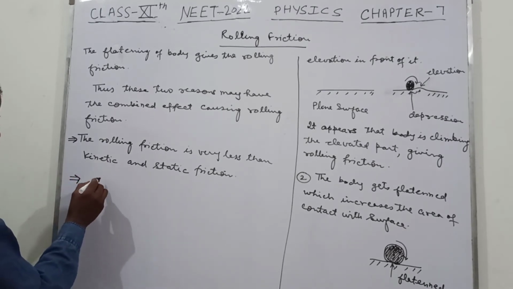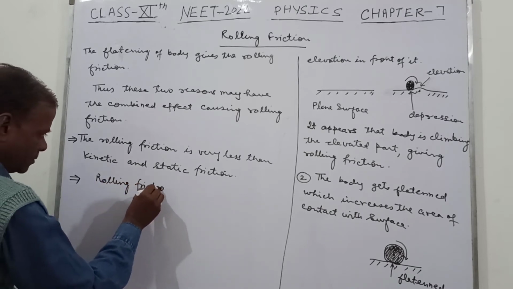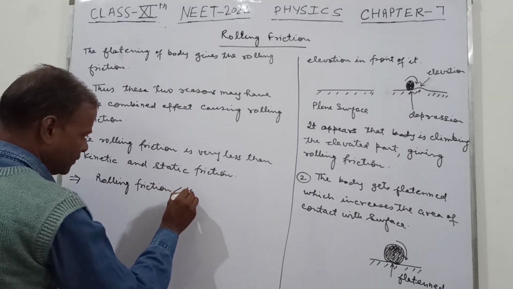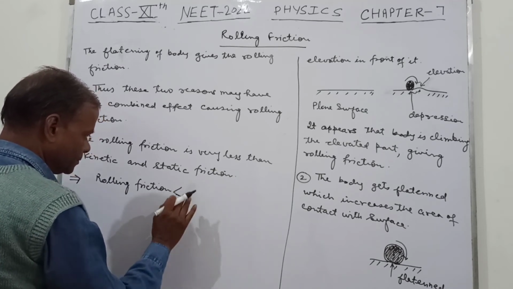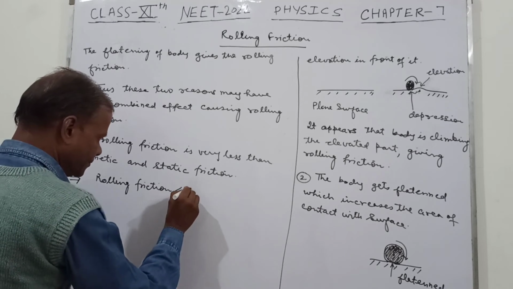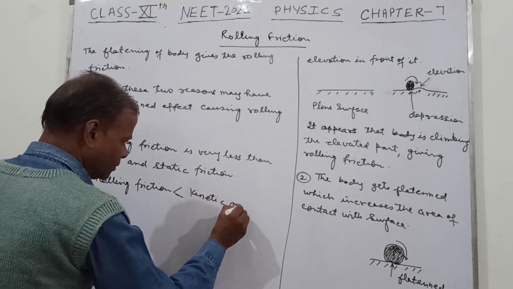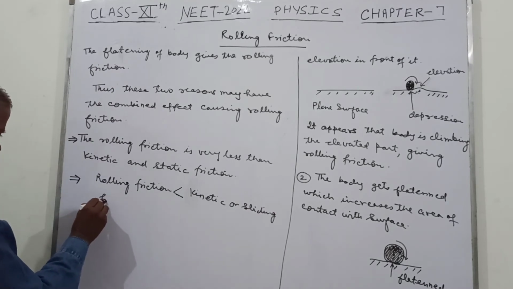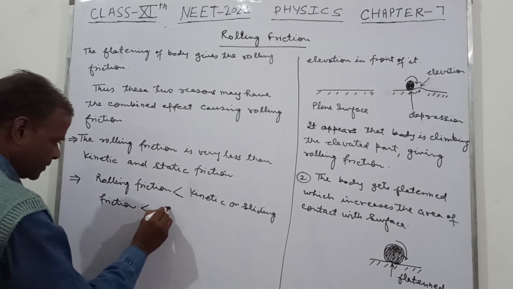So rolling friction is less than the kinetic friction or the sliding friction, and this is less than static friction.